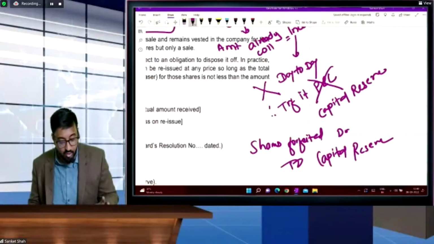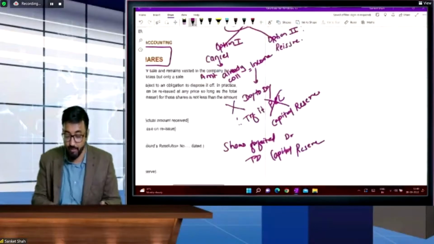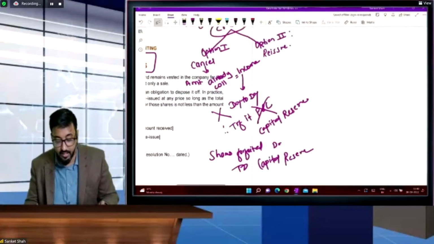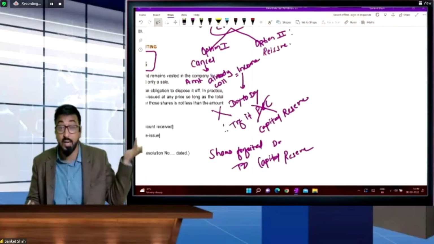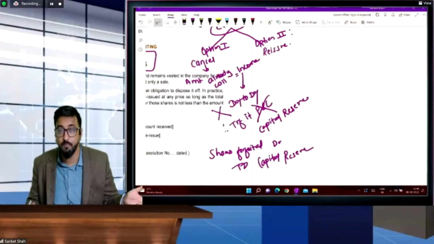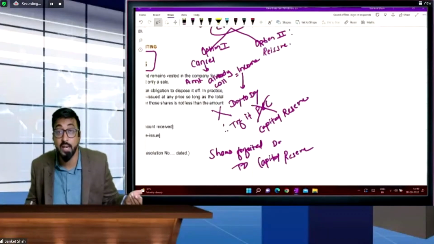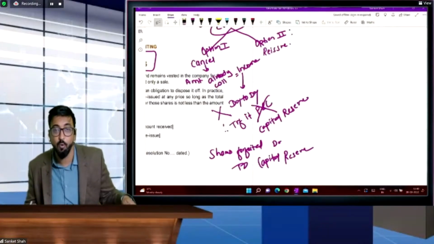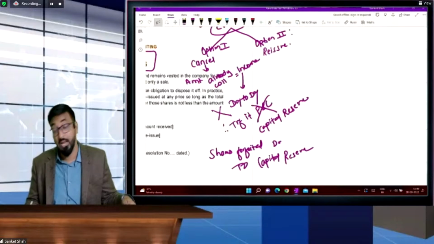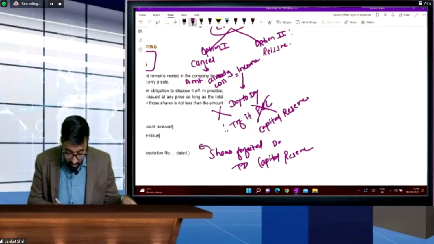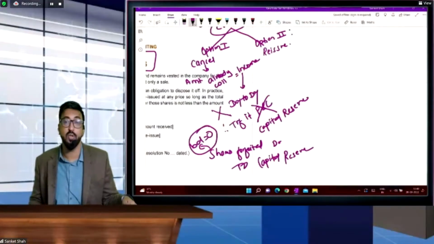You got this concept? Whenever you are cancelling these forfeited shares, this amount which you already collected, you are not going to refund it. So that is your income. But this income is not my day-to-day income, and therefore it is transferred to capital reserve. Shares forfeited balance is now 0, and capital reserve is my income.